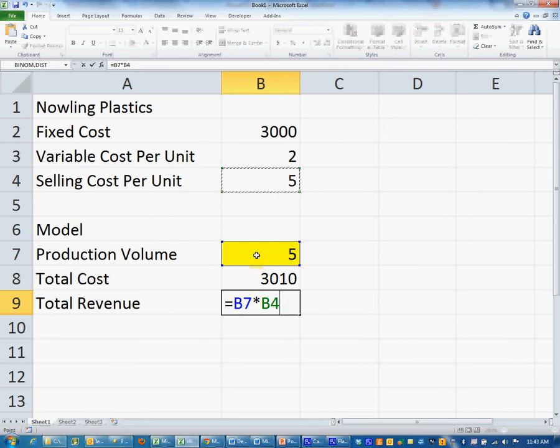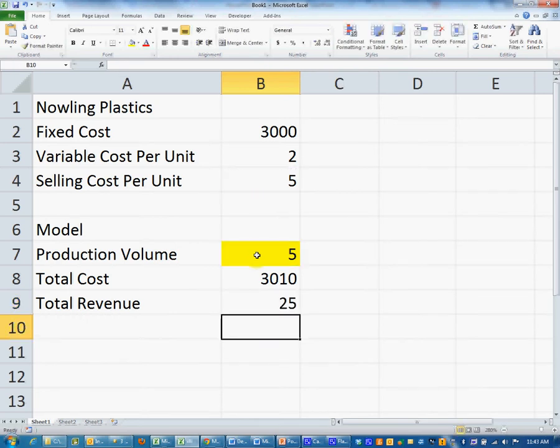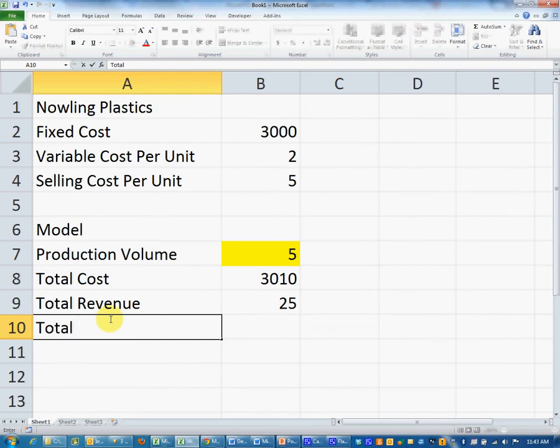So if I asked you right now, how much is your total revenue? Do it in your heads. Anybody? With the 5, if we've sold 5 and we're making $5 per, how much money did we make? 25. So right there. Sometimes that's a way to check your work as you go to make sure the numbers make sense. And then here, total profit.